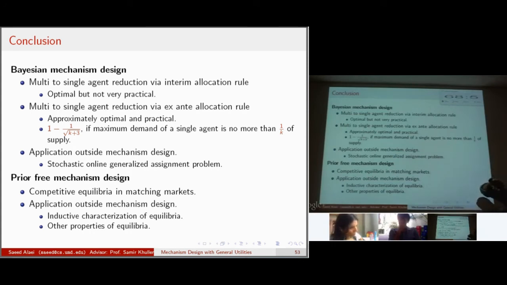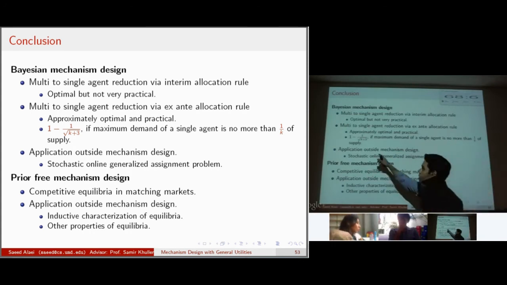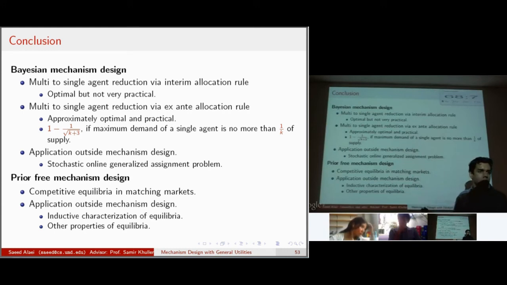Another implication is that the approximation factor only depends on the ratio of the maximum demand of a single agent to the total supply. It's not dependent on the number of agents, which suggests that the important parameter specifying the size of the market is the maximum demand of a single agent relative to the supply, and not the number of agents.